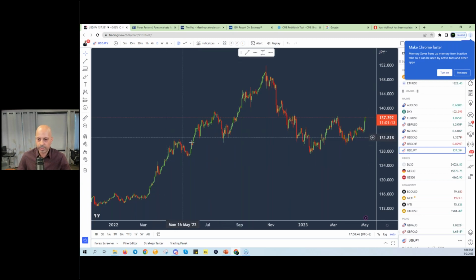You can always expect pullbacks to occur, and this is where you can use technical analysis on a daily chart. I like to start off with a daily chart for technical analysis so that you're able to appreciate and understand the longer term view of a particular commodity or currency pair. In this case, you can see that there's a strong bull market for dollar yen.